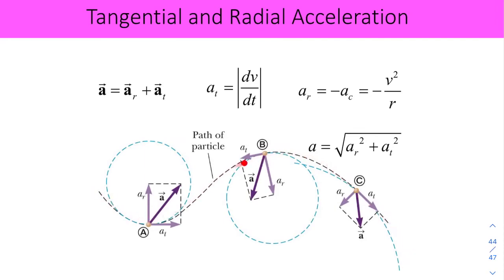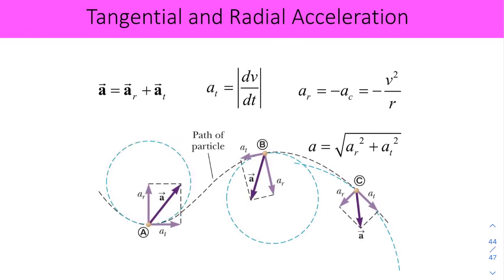At this position it has an acceleration tangential to the path, because this is actually part of a circle, and it has an acceleration always pointed to the center of this circle.